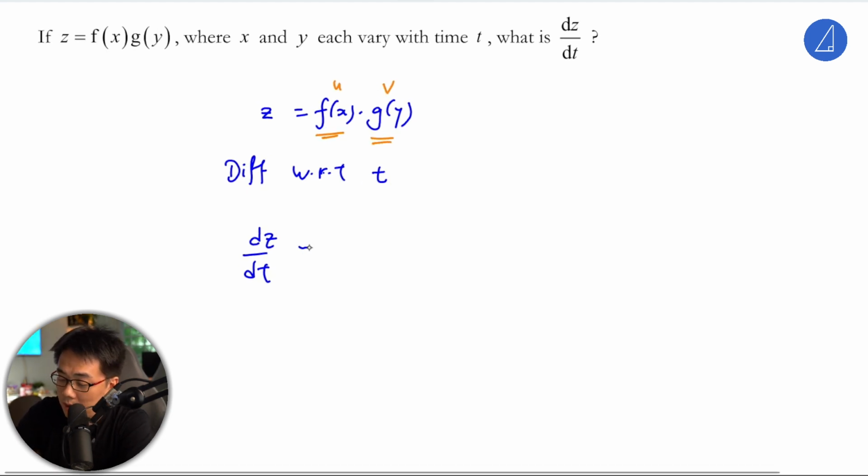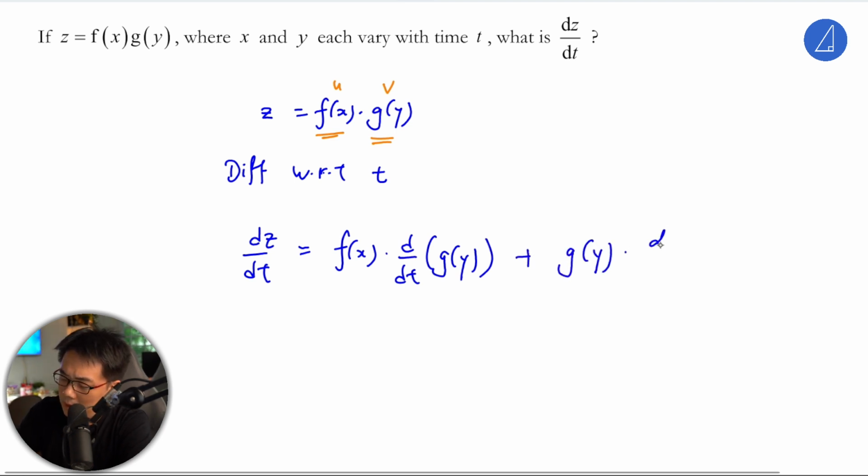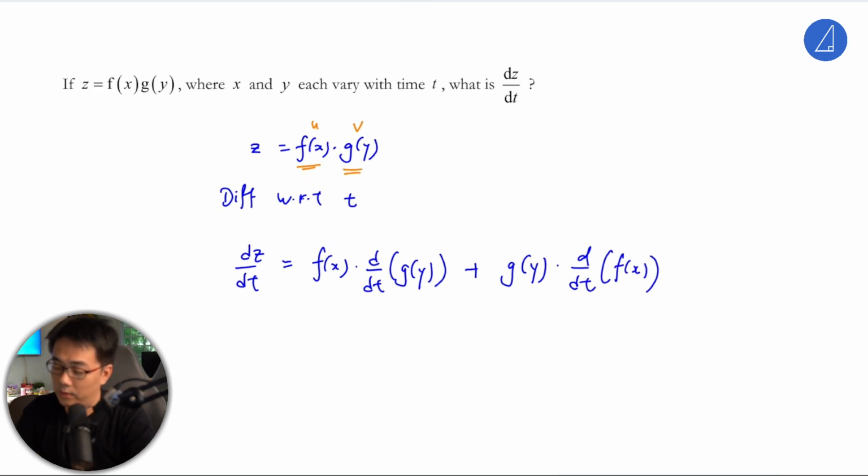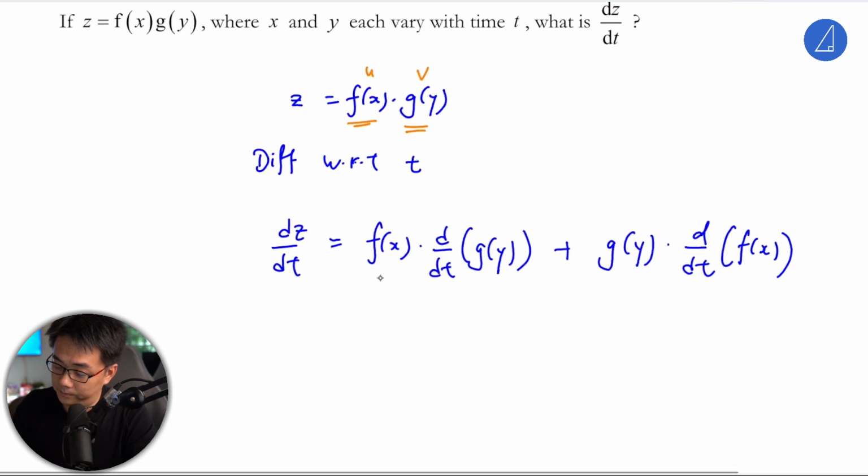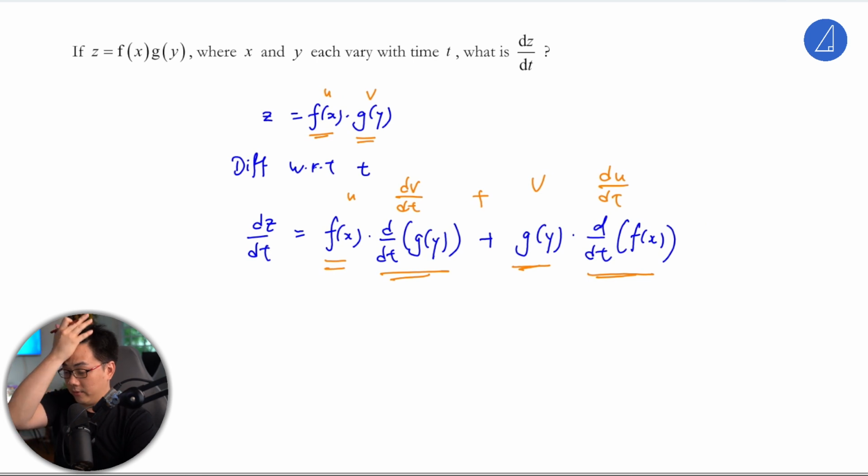What we're going to do is u, which is f(x), times dv/dt, plus v du/dt. So this is f(x) over here. In other words, what we get is u dv/dt plus v du/dt. So that's what we get for this function here.